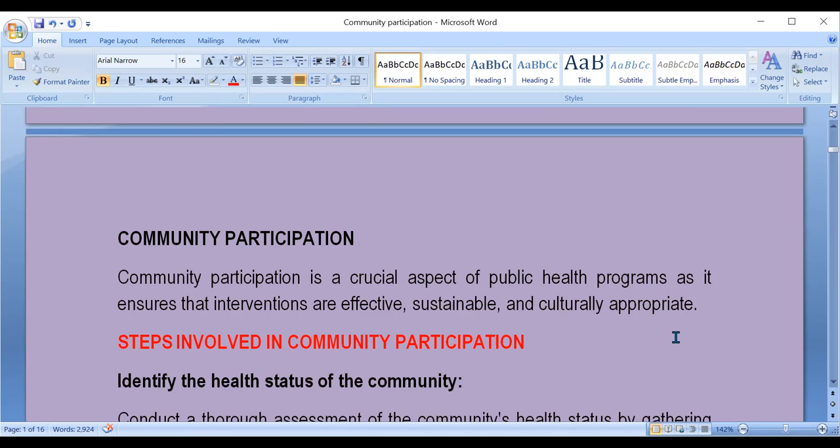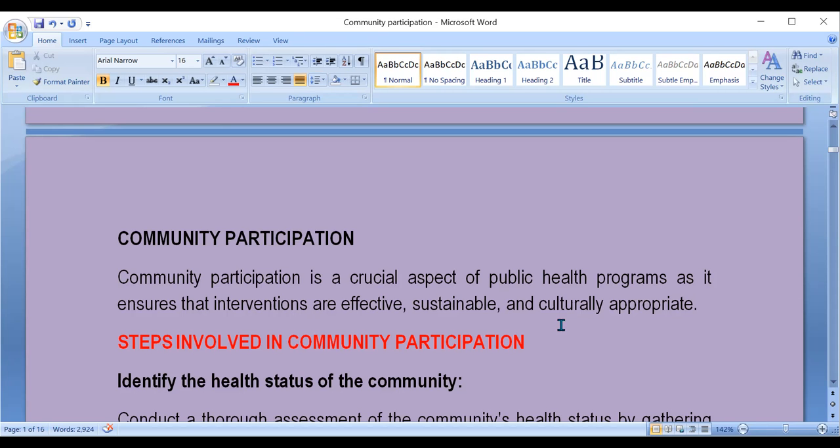They participate actively in seeking solutions to some of their health needs and challenges.